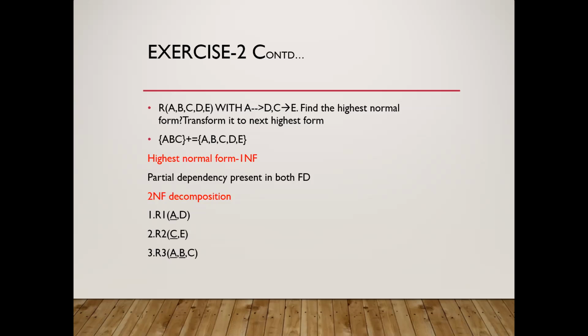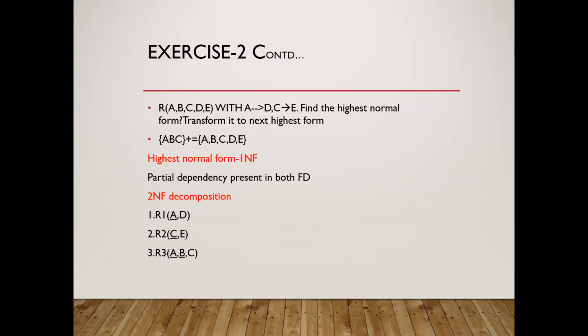We did not get any two attributes as a candidate key. Here the ABC combination is the candidate key. So the highest normal form again is 1NF. A to D is a partial dependency, C to E is again a partial dependency.